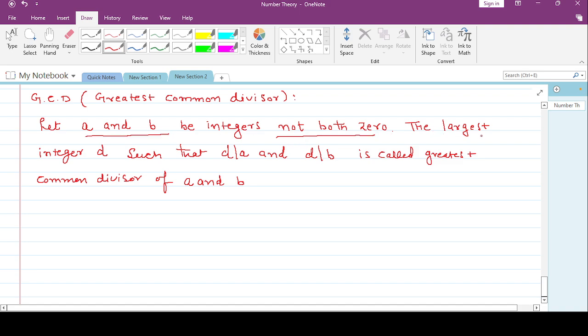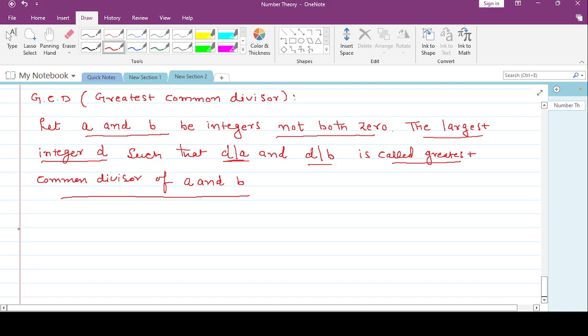The largest integer D means this number should be the largest number which is dividing both the numbers A and B. It is called the greatest common divisor of A and B.